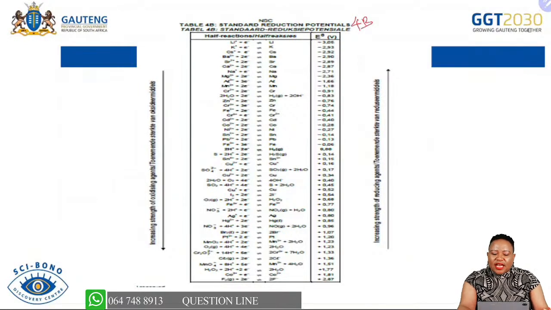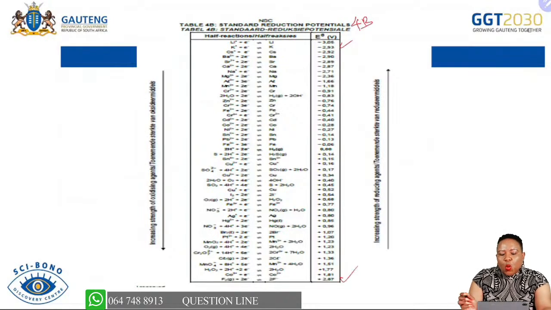The only reason is that when you look at table 4b, it's ascending, starting from a small number, ending with a big number. And for you to remember some of the things that you have done in class, it is also vital that you familiarize yourself with one table. And normally, we familiarize ourselves with table 4b. We start with the lithium at the top. Now, what does this table say to you?